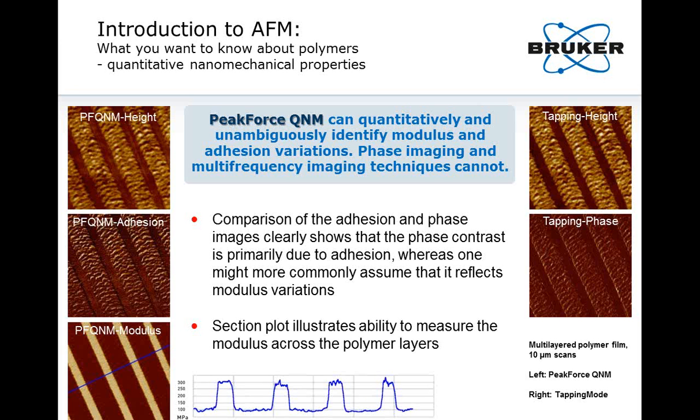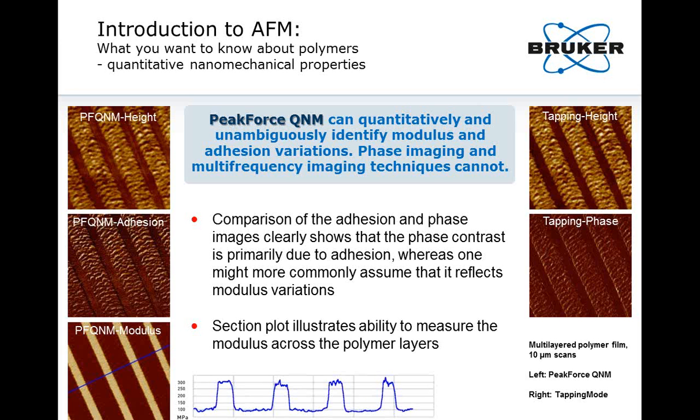But really extracting real information out of those phase images has remained a bit elusive, and so it was very significant when very recently we introduced peak force tapping technology that allows us to have real-time material property channels, as shown on the left side of the slide here, where we have real-time adhesion and modulus channels.